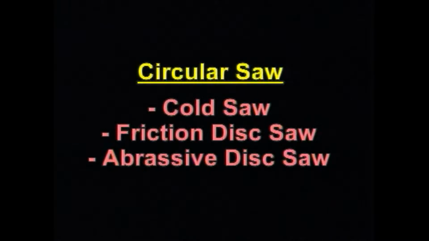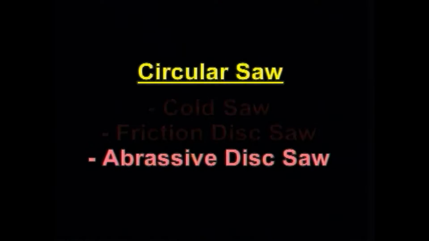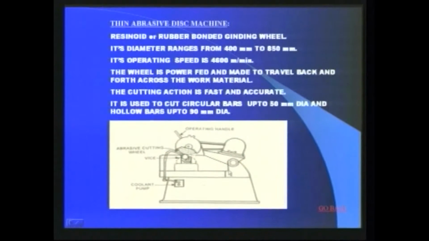We discuss another circular saw, that is abrasive disc saw. Abrasive disc saw machine consists of a thin resinoid or rubber bonded grinding wheel.